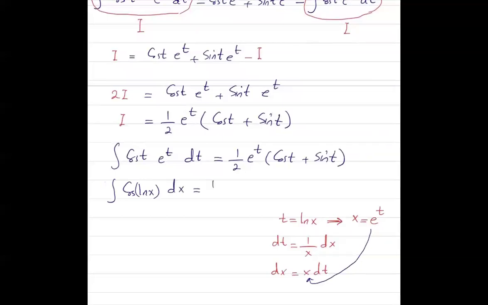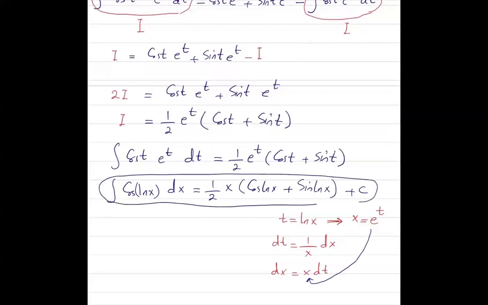It can be written as a half e to power t, which is just x, and cosine of ln of x plus sine of ln of x. Ooh, a lot of work, right? Don't forget to add the constant of integration, and this is it.